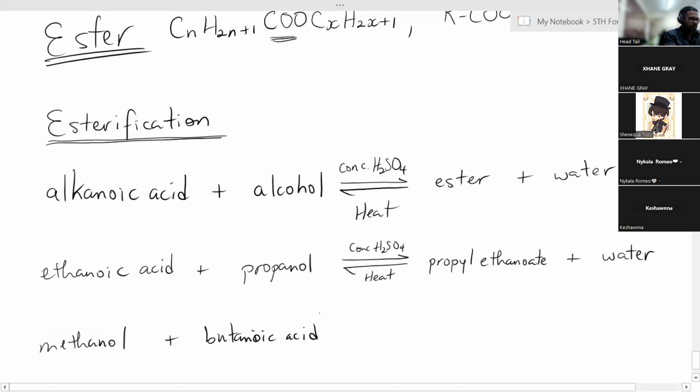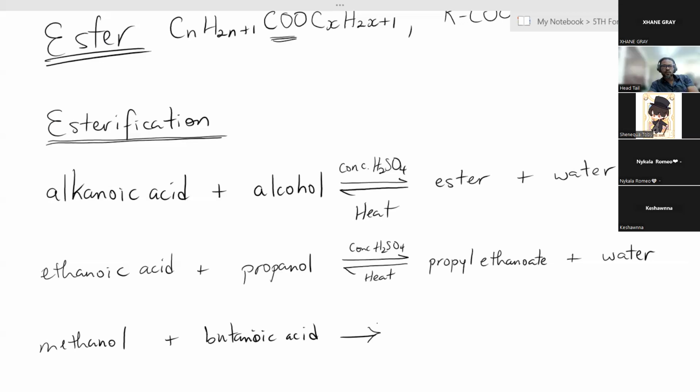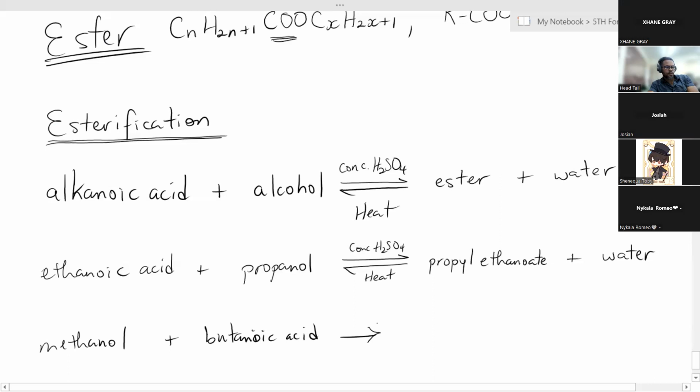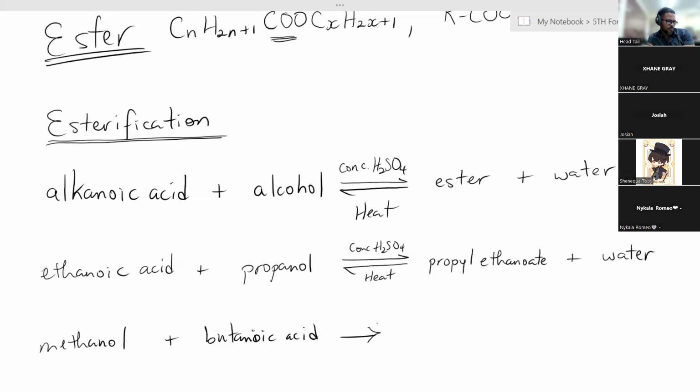Could you tell me the name of the ester that is going to be formed? Josiah. So methanate. What's that? I can't pronounce it.